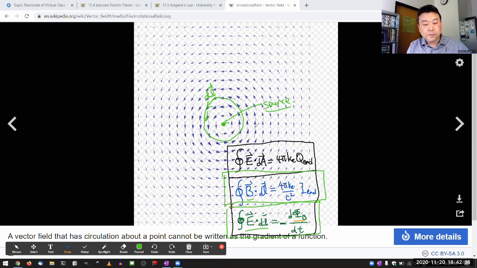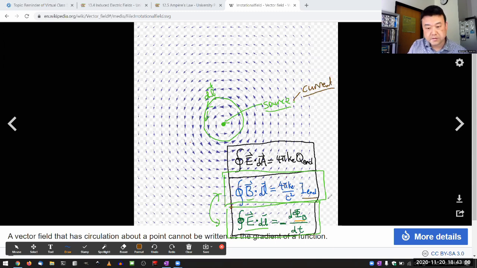And what this mathematical similarity means is you can imagine an analogy that can help you get a hold on how induced electric fields are generated and what they look like. So I described this source as a current. That's the case of Ampere's law.